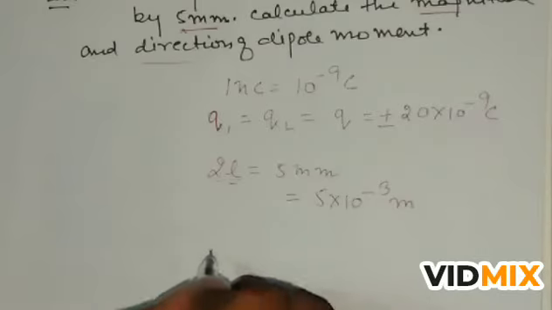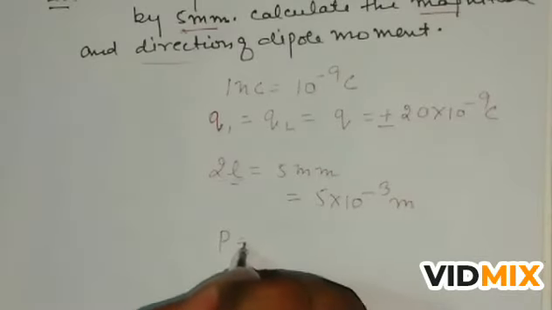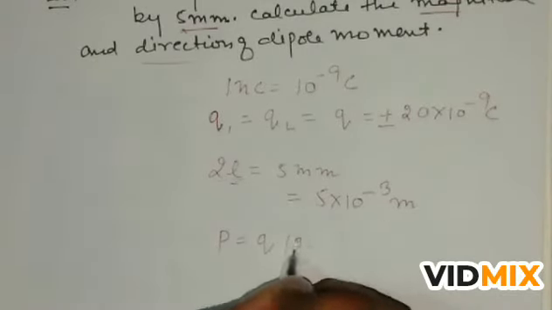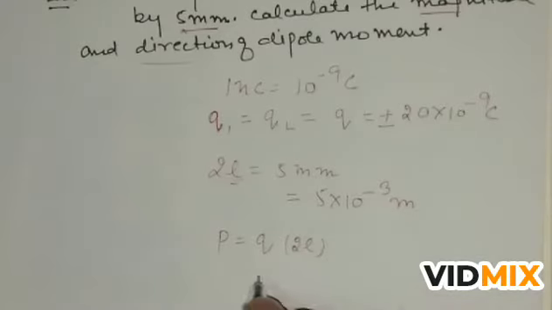Now you solve this. P is equal to Q into 2L. The value of Q is 20 into 10 to the power minus 9 coulomb, and the distance between them is 5 into 10 to the power minus 3 meter. So 25 is 100.